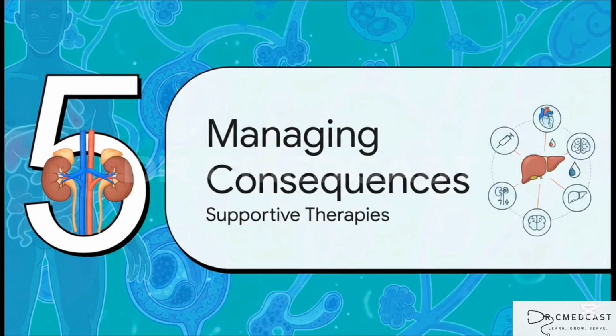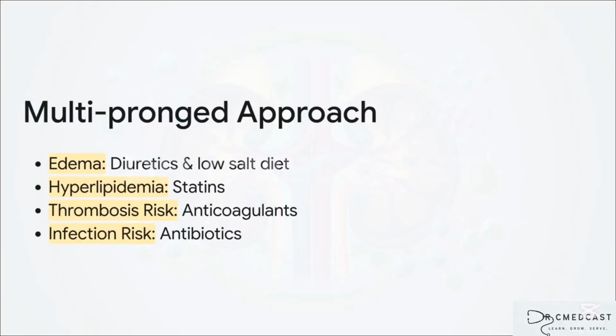So, treating the kidney itself is absolutely critical, but we can't forget about all the systemic problems these syndromes cause. We also have to actively manage the consequences throughout the body with supportive therapies. And this really takes a multi-pronged approach. For the massive edema, you need diuretics and a low-salt diet. For the sky-high cholesterol caused by the liver working overtime, you need statins. This next one is critical.